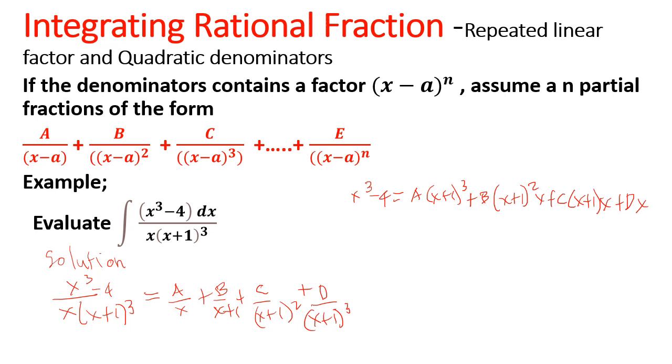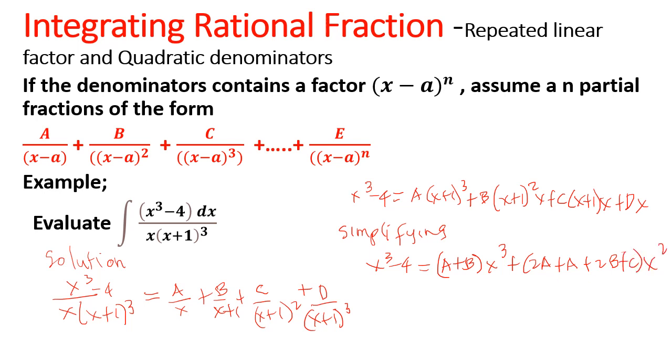Or simplifying, x^3 - 4 equals (A + B) x^3 plus (3A + 2B + C) x^2, then you have plus x times (3A + B + C + D), then you have plus A.